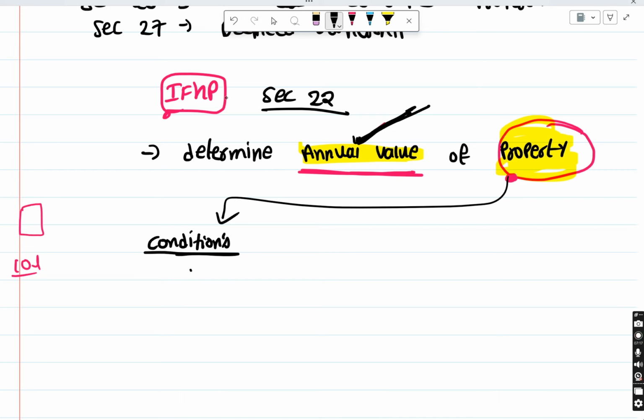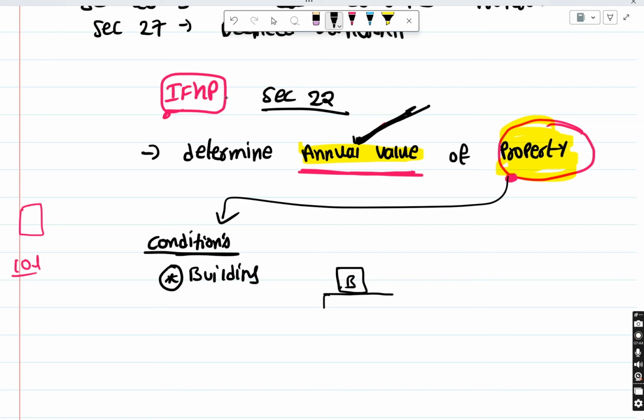So first of all, property means a building. Any building. If you are getting any money from a property, that will be taxed under IFHP. First thing. So let's just say this is a building. If you are getting any money from that, we will tax under IFHP.